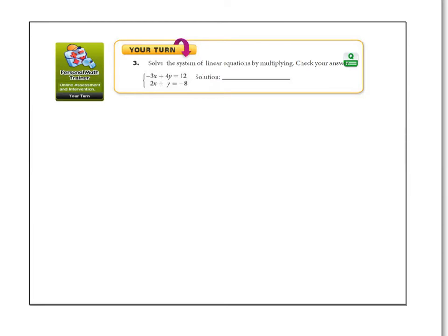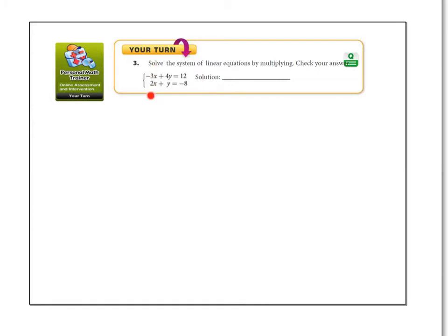So here's one for us to do together. To solve this system by multiplying, we need to figure out which one we're going to eliminate. And again, if you can get away with just multiplying one equation by a number, that would be even better. So I look at my x's.